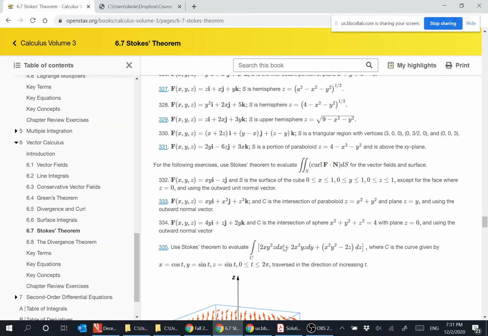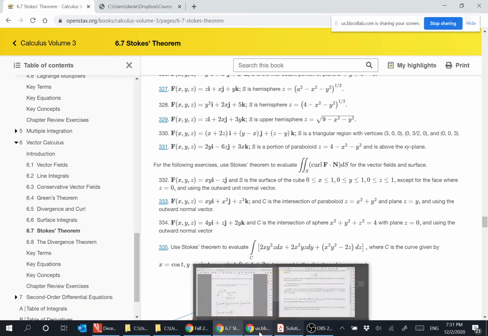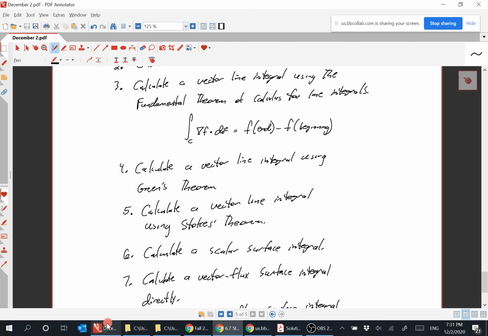Let me get my list of problems that were assigned for homework. There were essentially two ways in which Stokes' theorem was applied.